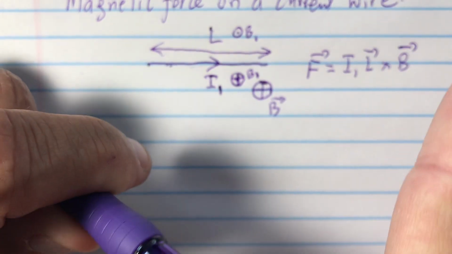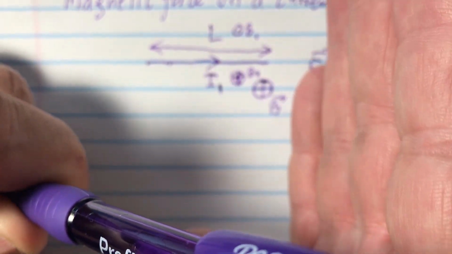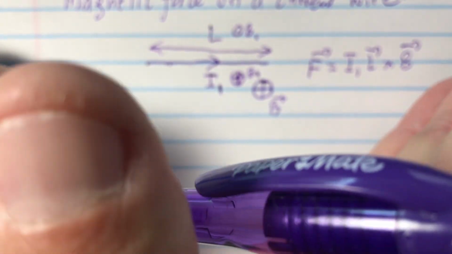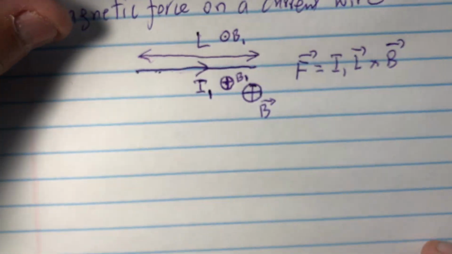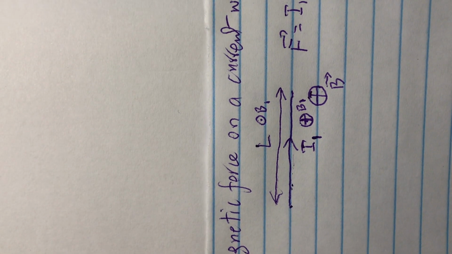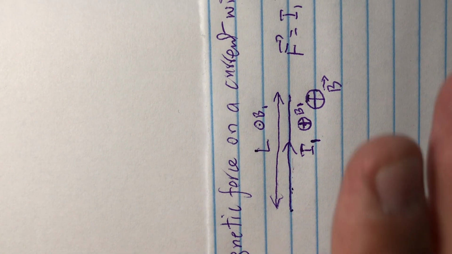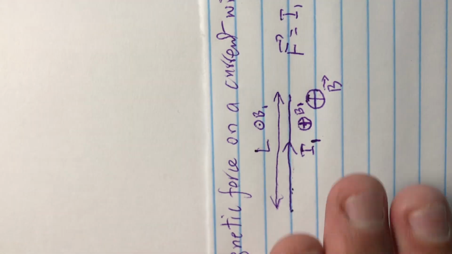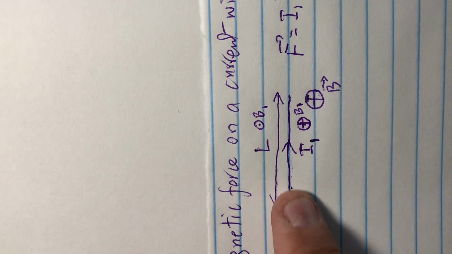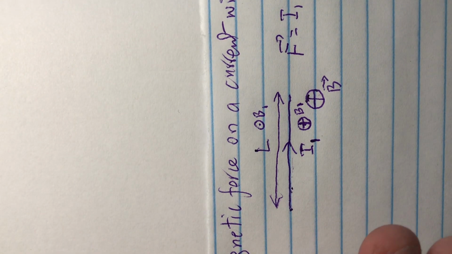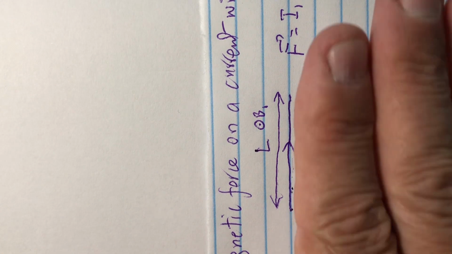You can see I'm sitting this way, so I'm gonna turn the paper so I don't have to turn around. Can you see now? And then I use my right hand. So the current is going up like that, so my fingers are gonna go up with the current.